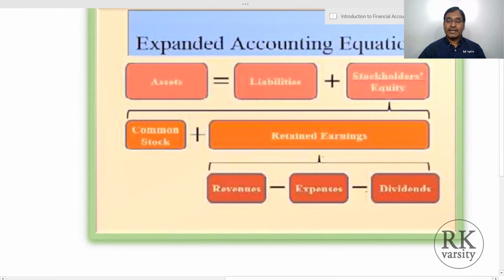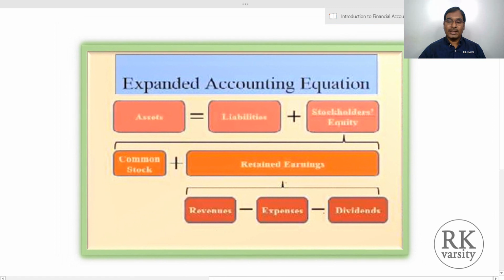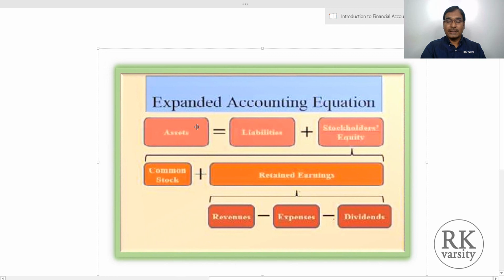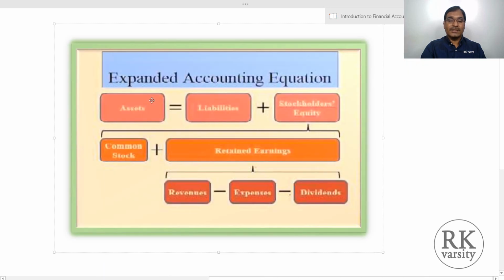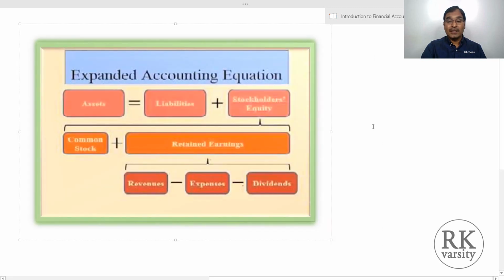Now, when a business is running its operations, in the process the company generates certain revenue, and this revenue needs to be adjusted with the expenditure. After deducting the expenditure, whatever amount is left belongs to the equity holders.